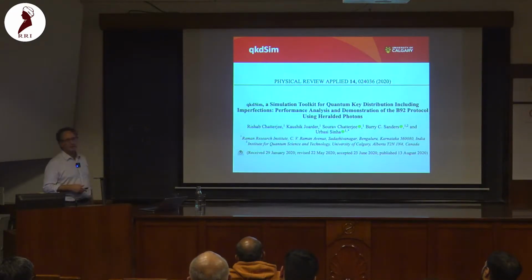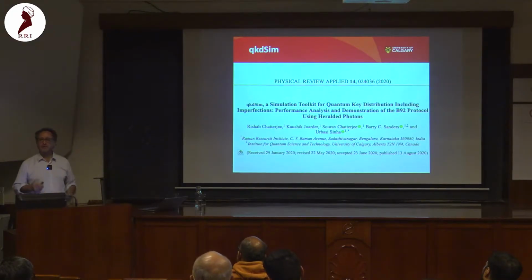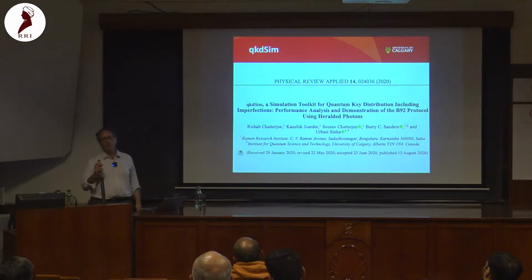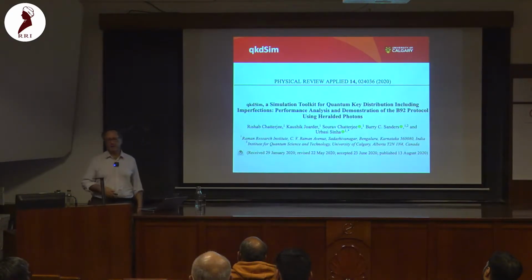It's about QKD-SIM, which is a toolkit that we developed here at RRI to simulate quantum key distribution, including imperfections. And where this matters, there's two ways that this tool becomes useful. One way is design, so this toolkit was tested here, doing what's called the B92, the Bennett 92 protocol.